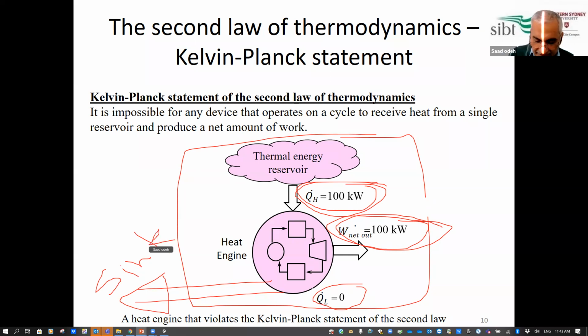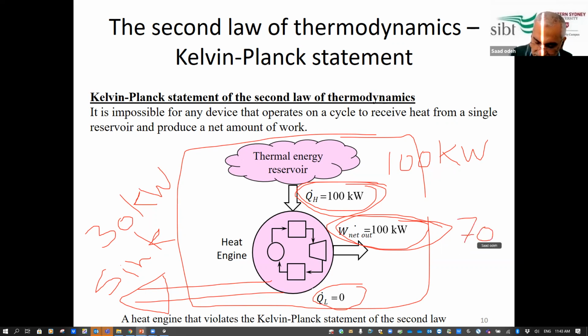So for example, if I have 100 kilowatt input, there will be, let's say, 30 kilowatt going to the sink or to the surroundings, and the remaining 70 kilowatt is the work output. There must be heat loss. Okay. Clear? Okay.